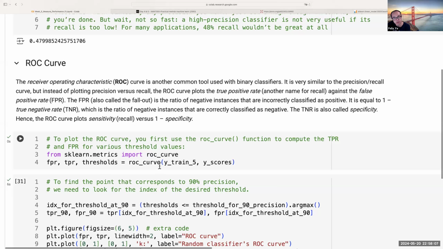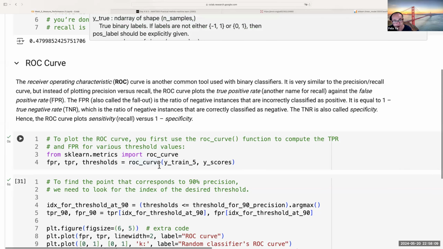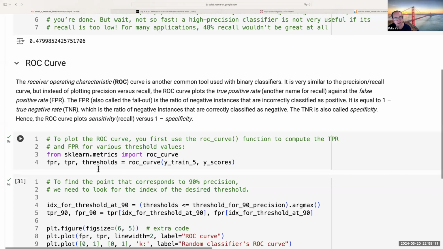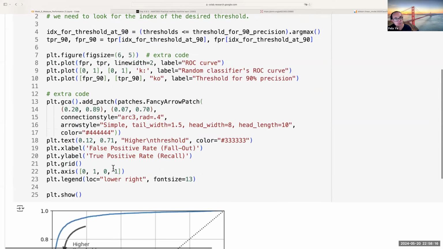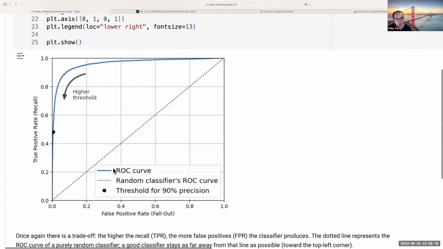You can just use this ROC curve function to calculate those values and the corresponding thresholds. In fact, that's the curve that you'll be getting out, and now the vertical right here is the recall, and my horizontal is my false positive rate.